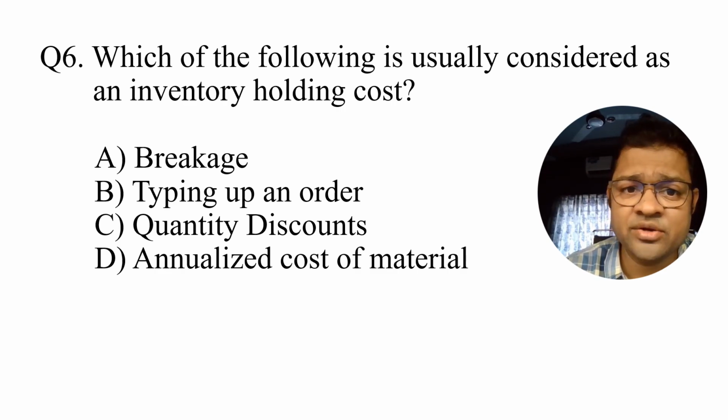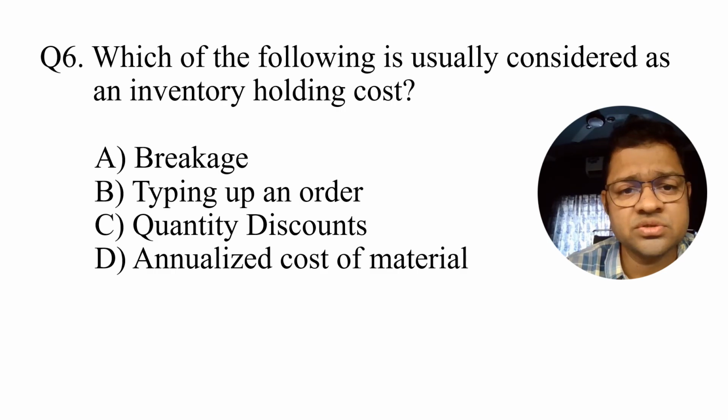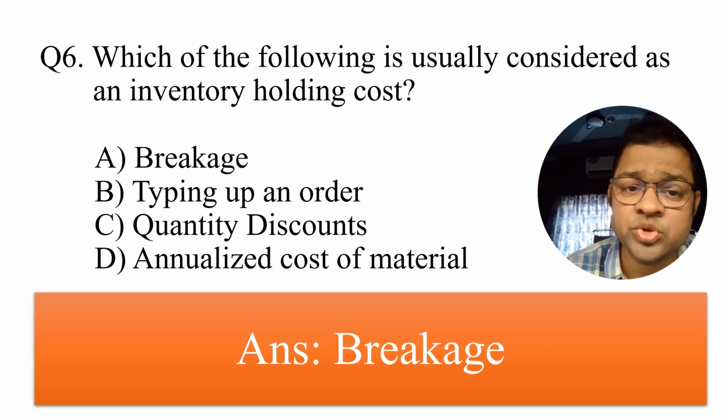I have already highlighted in one of my videos on EOQ models that holding cost includes storage cost, obsolescence cost, salary and wages, electricity, insurance, and depreciation. Here, breakage is one type of obsolescence cost that is considered under the inventory holding cost. That is the answer one.